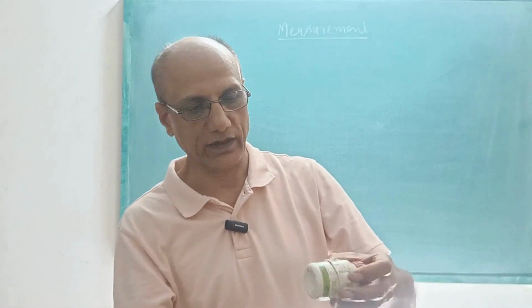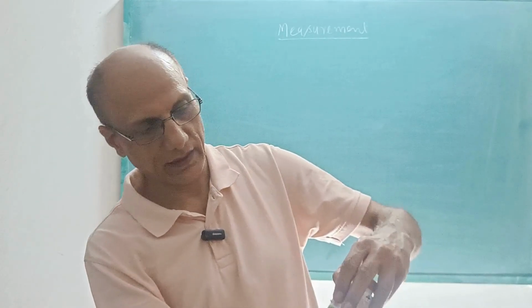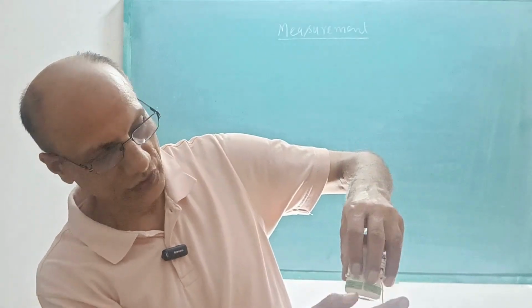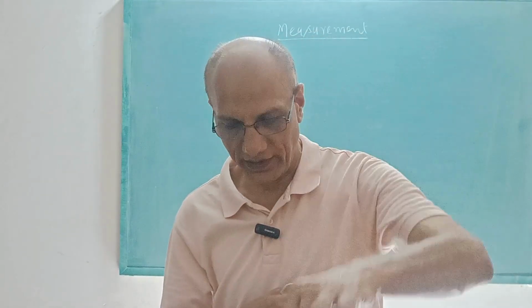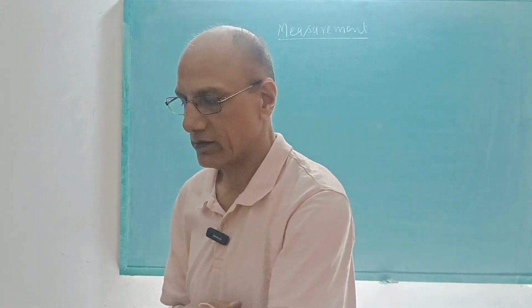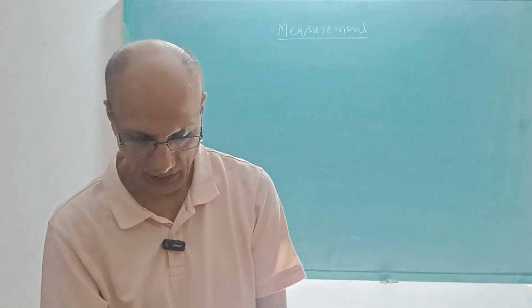Then the fourth one comes over here, at the second mark. So this is the least, then after that the fourth, then the first, and the maximum thickness is C. This way we have measured and come to know.